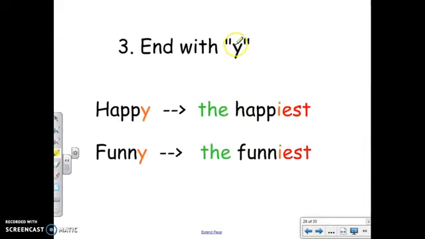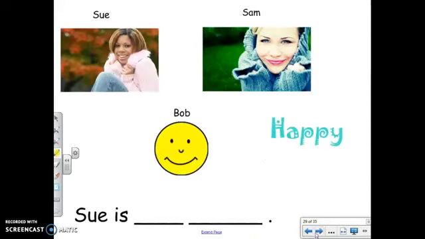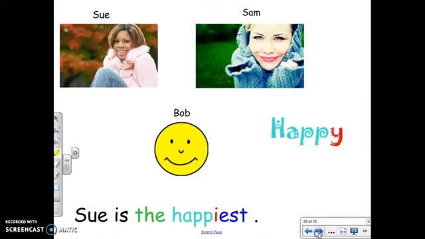Third type: if the word ends with y, we change y to i and put est after the adjective. The happiest, the funniest. Right here, Sue is what? Sue is the happiest. Good job.